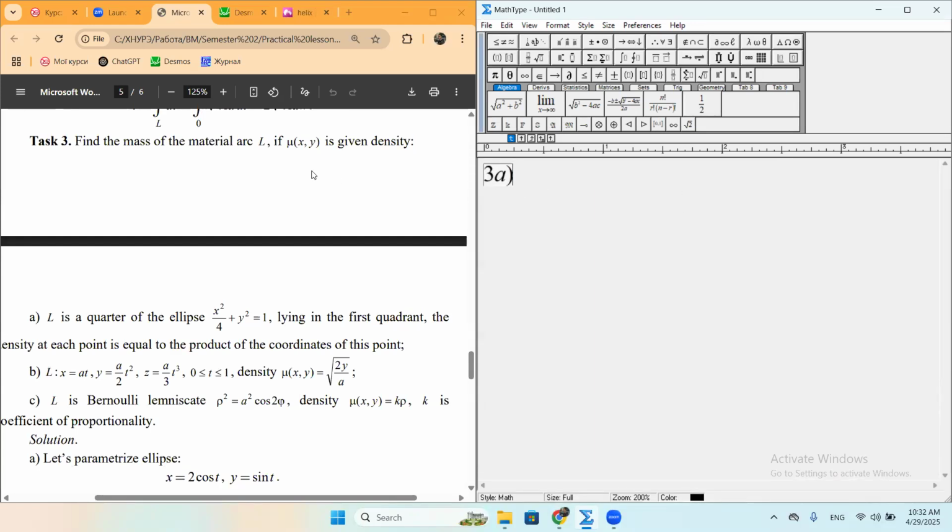So here we need to find the mass of the material arc, if mu is a given density. How do we actually calculate the mass? We need to calculate the line integral. So we integrate mu of x, y over this curve.